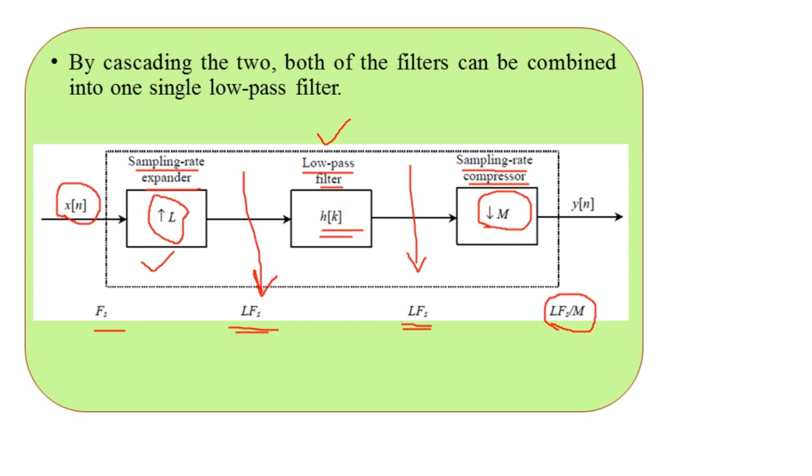Now I hope the theoretical understanding of sampling rate conversion by non-integer factor is clear to you. Now let us make this more clear with the help of one example.